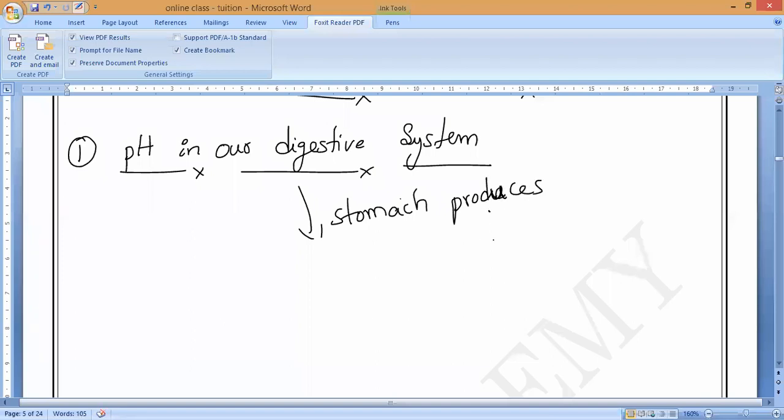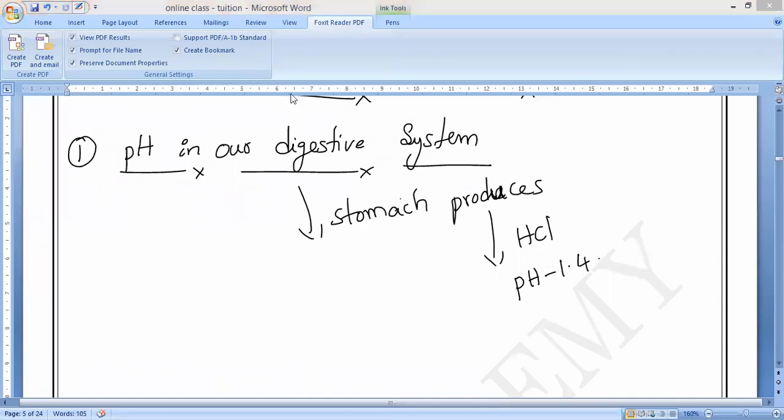So the stomach produces hydrochloric acid, which has a pH value of about 1.4. Who said 1.4? Vashini Bensi, very good. Kevin, if it is 0, your stomach will burn. Understand?